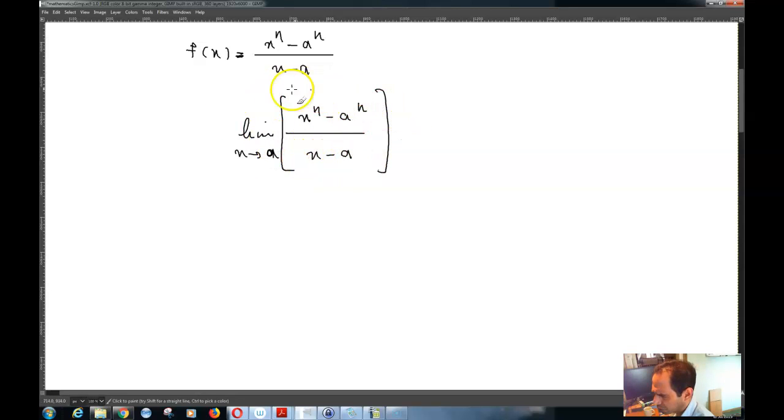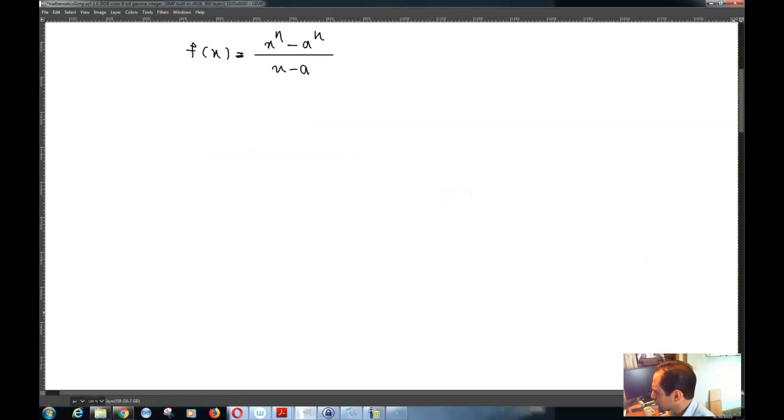I don't remember that, but we had this limit actually. Okay, so let's see how we can find the derivative of this function.